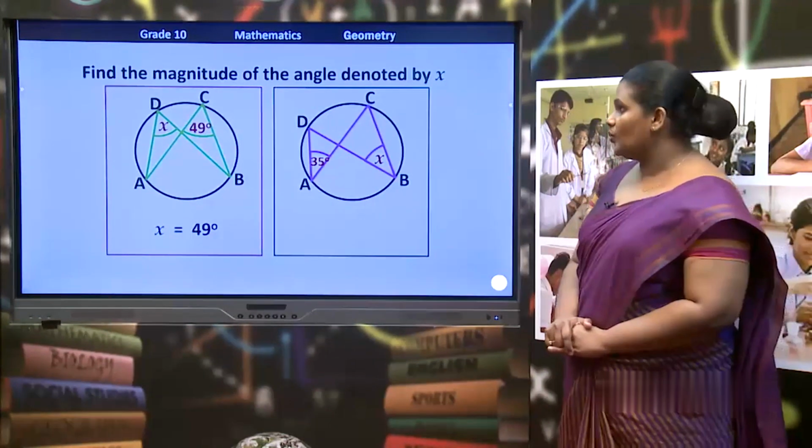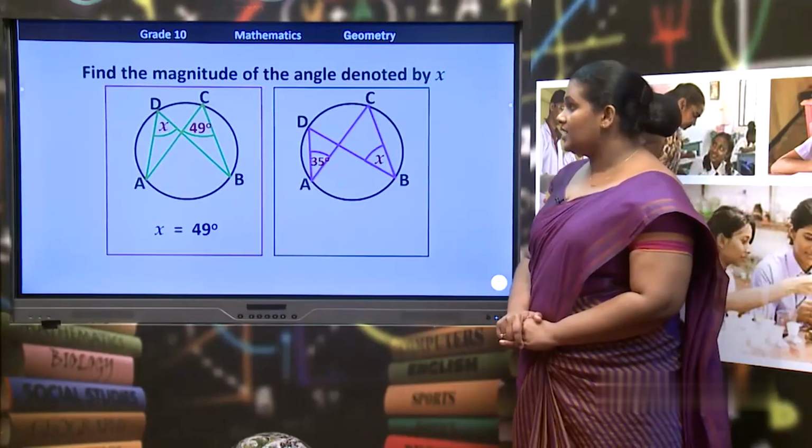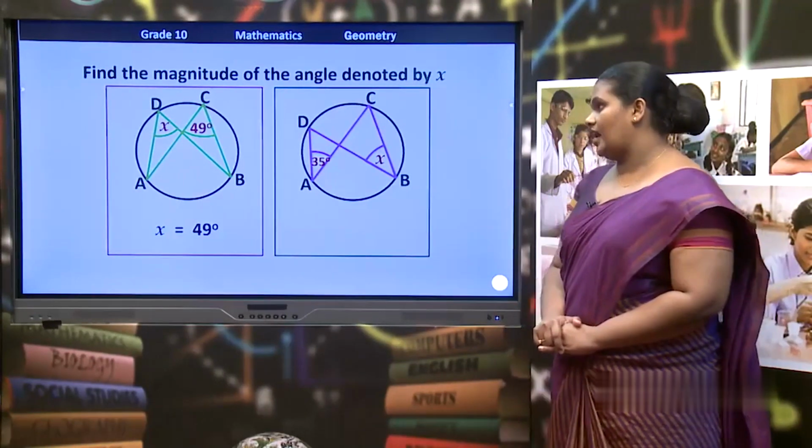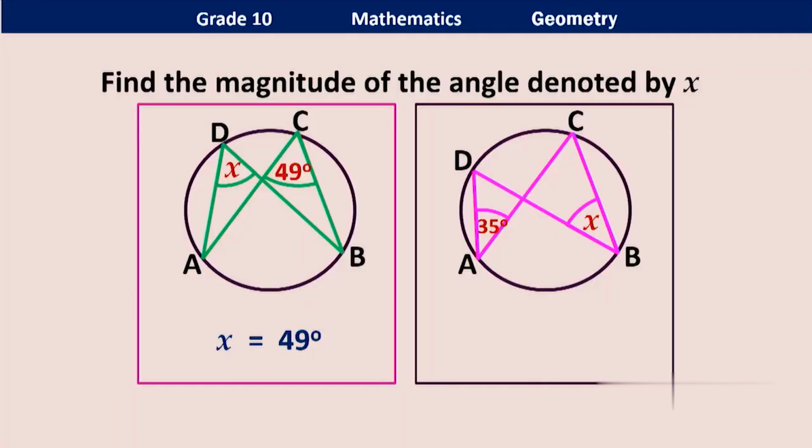Then also we can observe angle DAC and angle DBC are on the same segment. Therefore, according to the theorem we have learned, the magnitude of both angles should be the same. It should be equal. We can get the magnitude of X as 35 degrees.